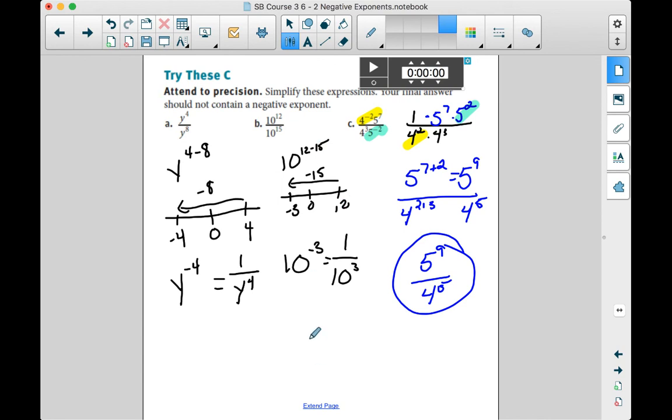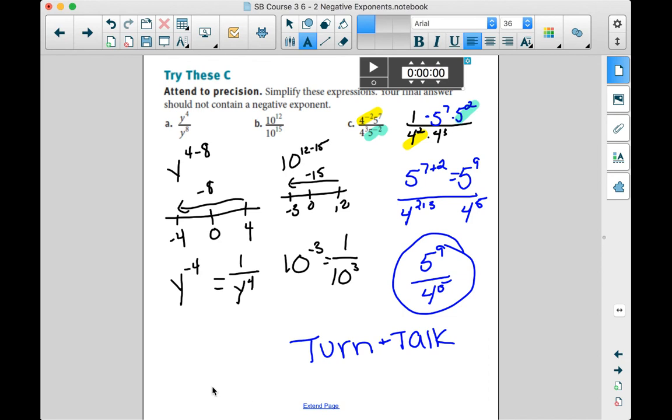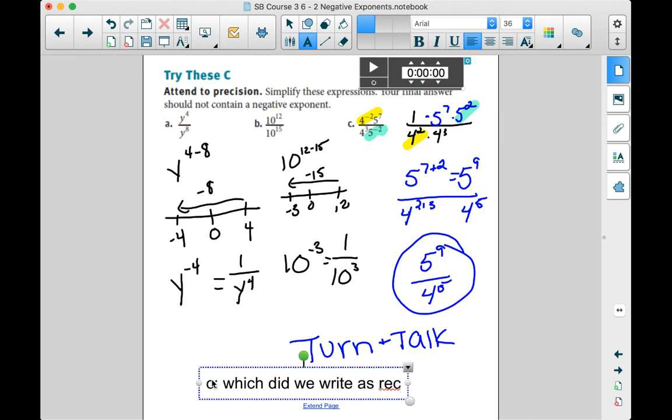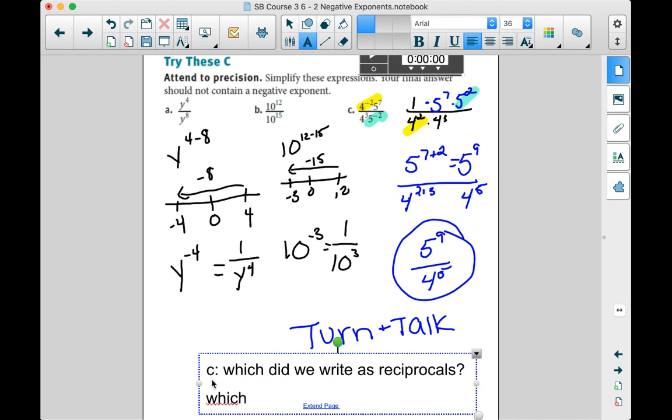So right now, I just want you to turn and talk. Which numbers did we write as reciprocal? So just looking at letter C. Don't worry about the other ones, but looking at letter C. Which did we write as reciprocals? Which did we leave?